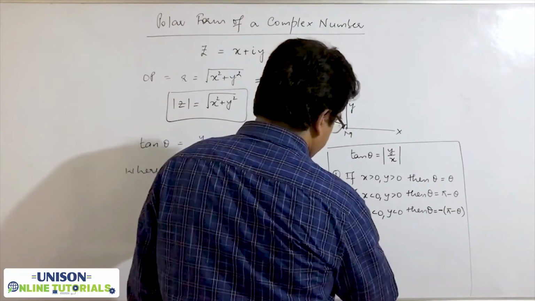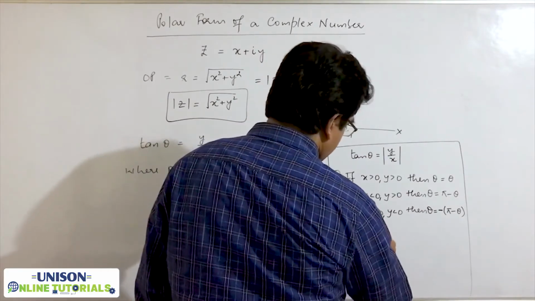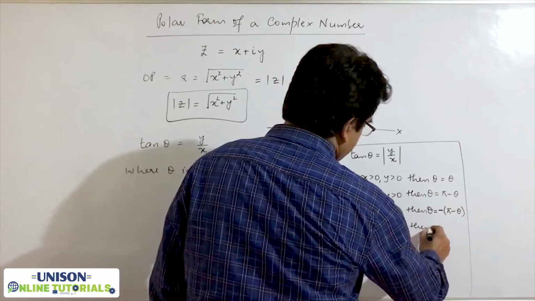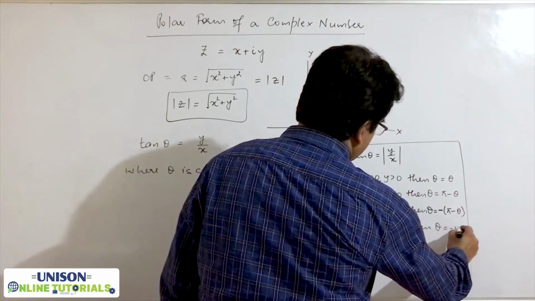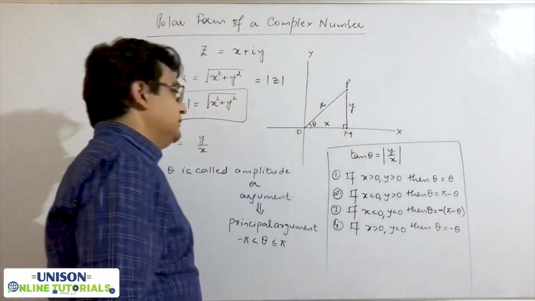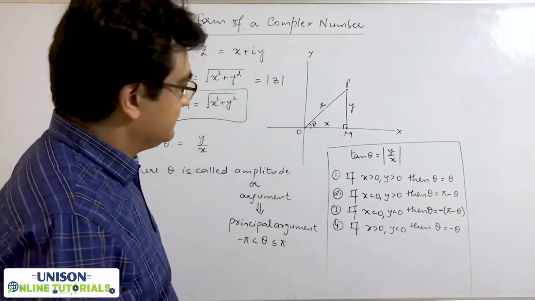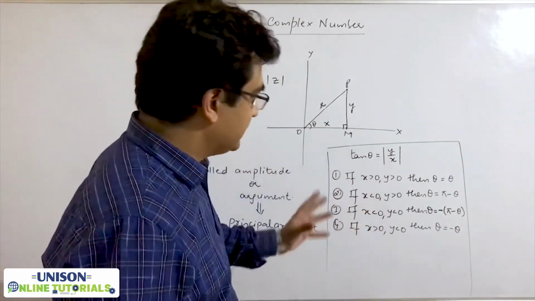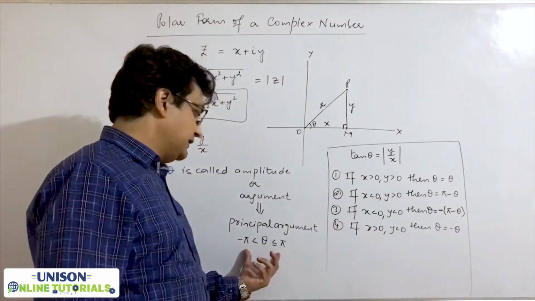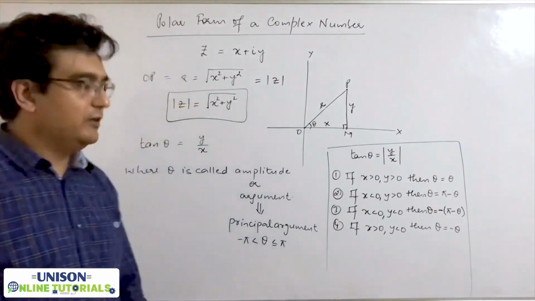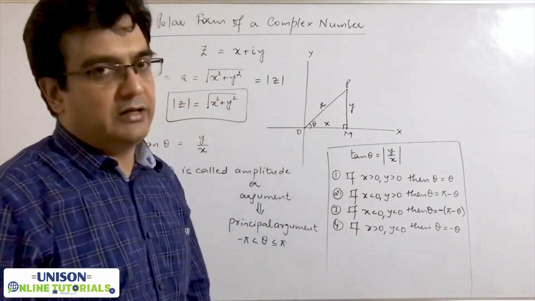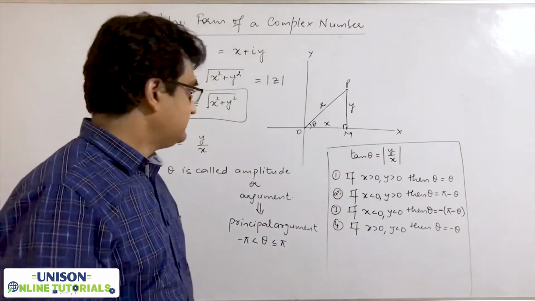Fourth, if x is greater than 0 and y is less than 0, then theta will be minus theta. So these are the rules. Whenever you find theta like this, the value of theta will always come between minus pi and pi. So you will always get the principal argument.